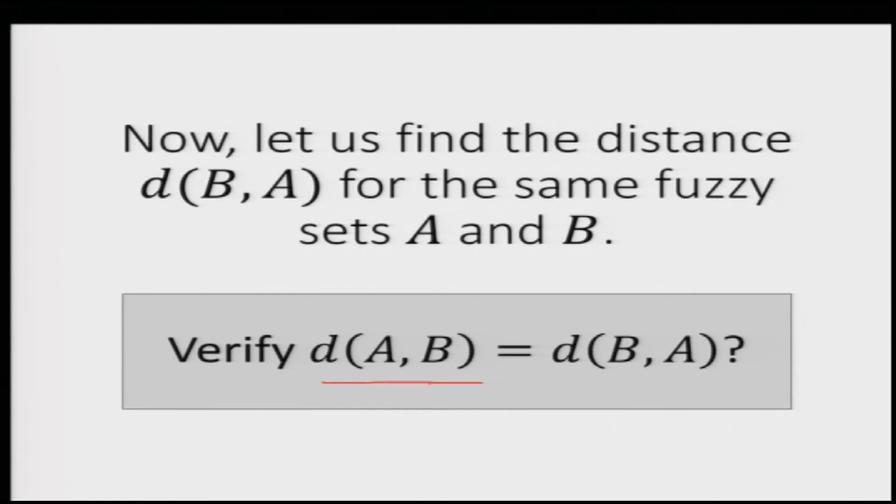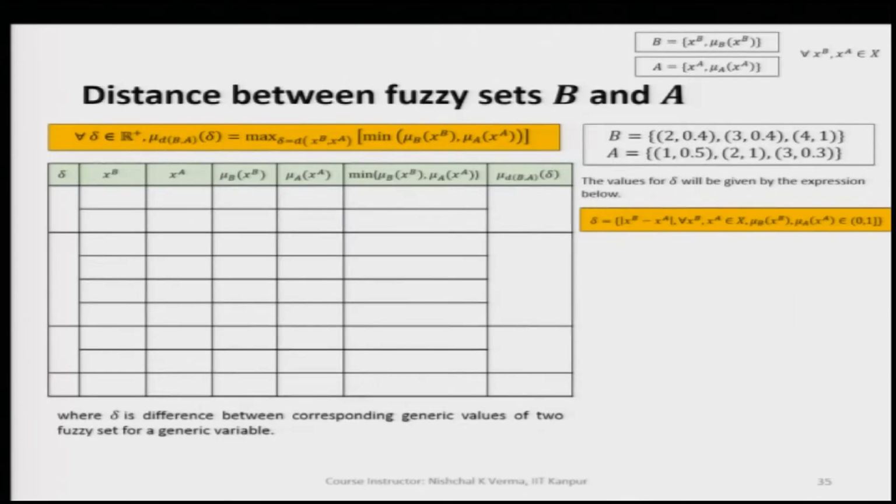We have already fuzzy sets A and B. Let us now find the distance between B and A, for the same example that we have already taken. Please note that here we will take B first and then A, and let us enter all these values in the table, which we have already discussed as to how we can fill up.